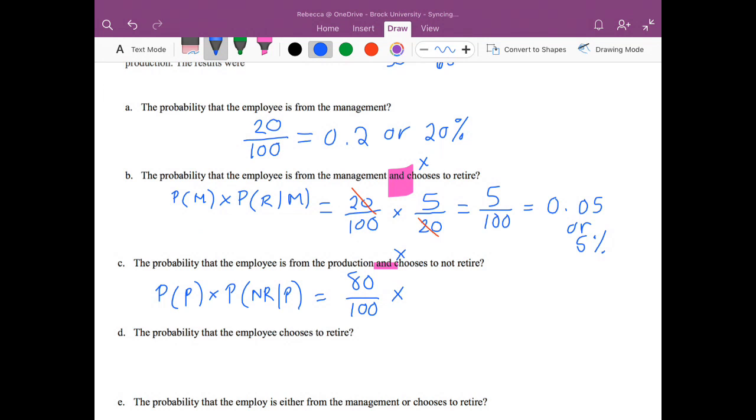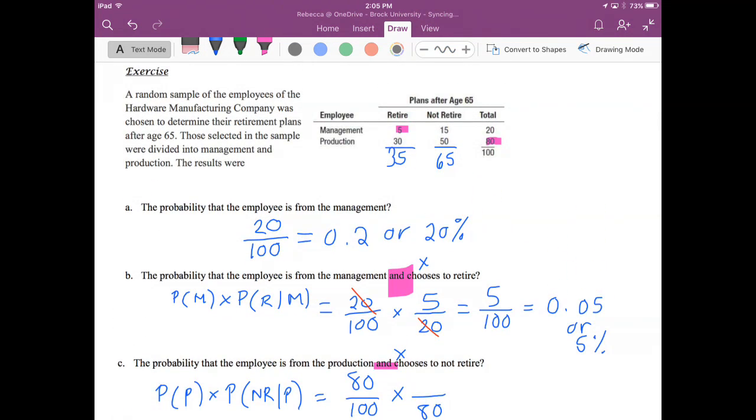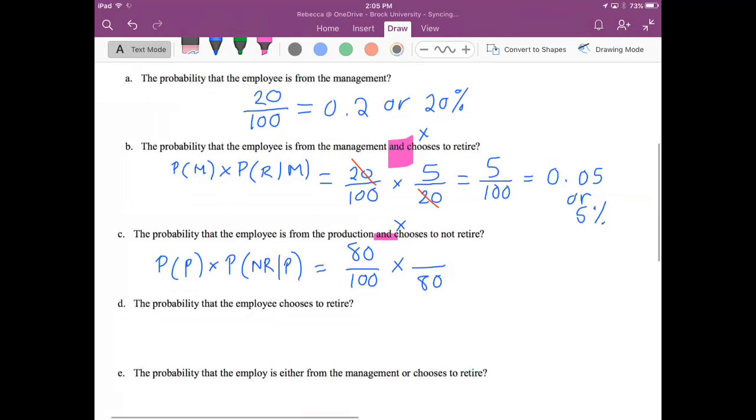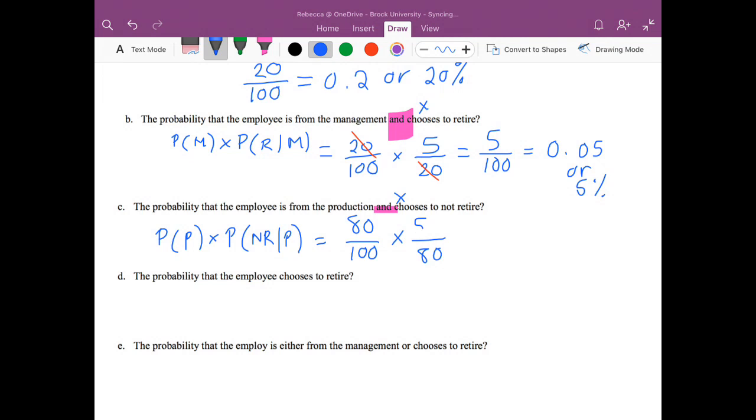And the probability that they're not going to retire out of that 80 people that are from production, 50 of them said that they would not retire out of that 80. So my 80s cancel, and I end up with 50 out of 100, which is 0.5 or 50%. Okay.